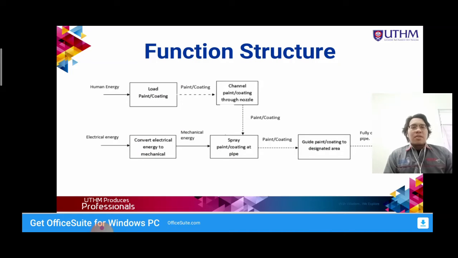Next, we have the function structure. We can see the function structure started with human energy on the load, as we need to fill up the paint on the container, and then the material transfer occurred where the paint is channeled through the nozzle, and then the spraying mechanism is initiated, and then the electrical energy is also required in order to convert the electrical energy into the mechanical energy.